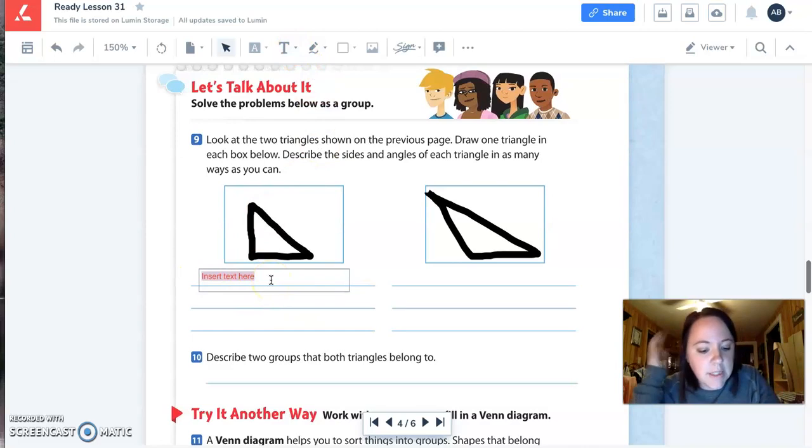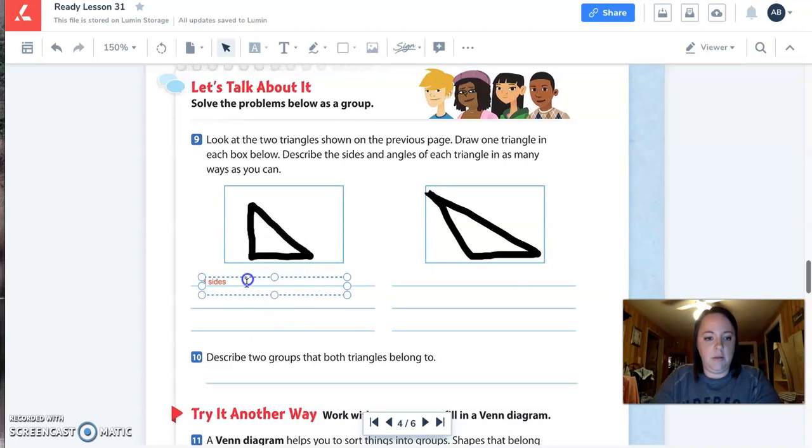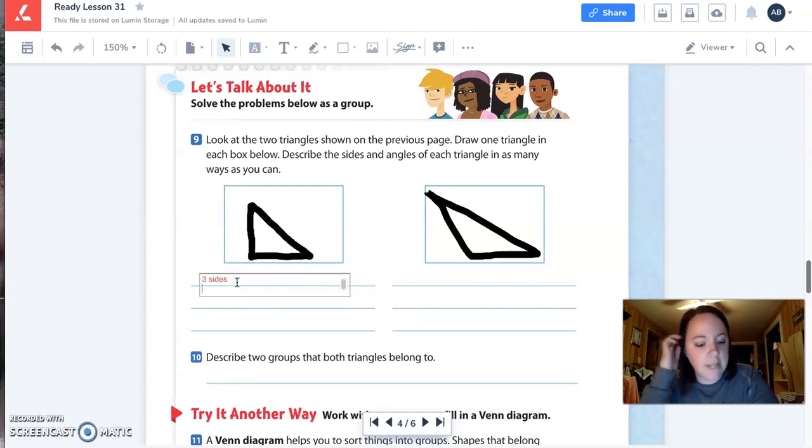So somebody tell me, what does this shape have? Or what is it? Describe it. So let's look at it. We know that it has how many sides? 3 sides. There's one thing. Okay, what is another thing? If it has 3 sides, it has how many angles? 3 angles.